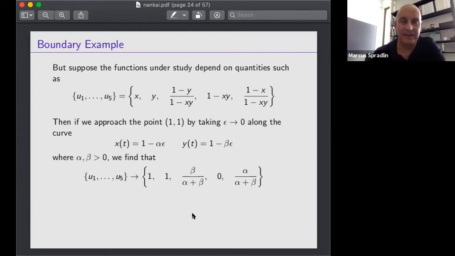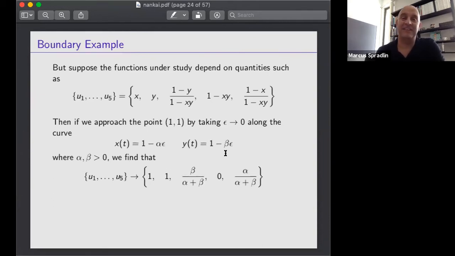That's rather embarrassing. The t should be epsilon. So I apologize for that. So you're taking epsilon to 0 along the path parametrized by the equation in the middle, where alpha and beta are arbitrary positive constants.